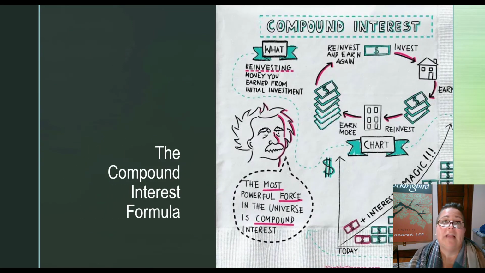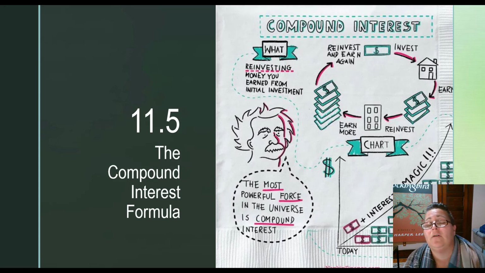All right. The last section from 11.1 is the compounded interest formula. This is a somewhat complicated formula. You will need a calculator with an exponent key in order to figure these out. Don't think you can necessarily just use your phone calculator or your computer calculator unless you know the trick about switching it in order to get your exponents.